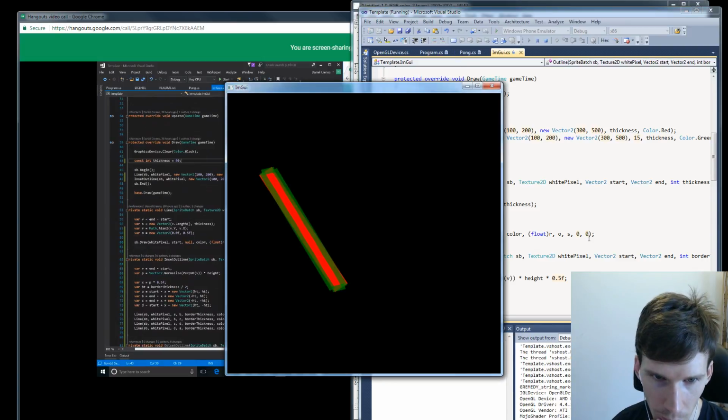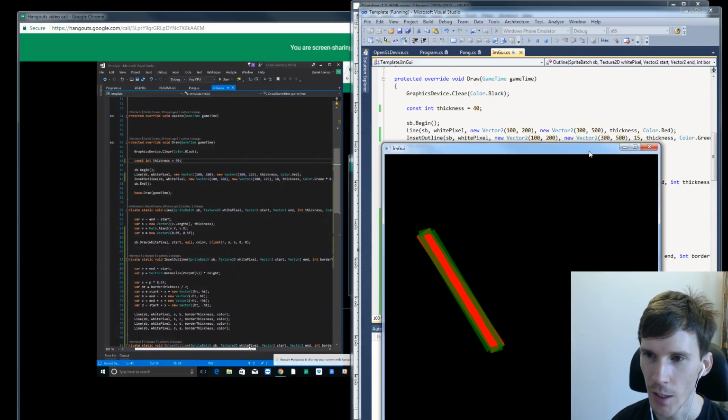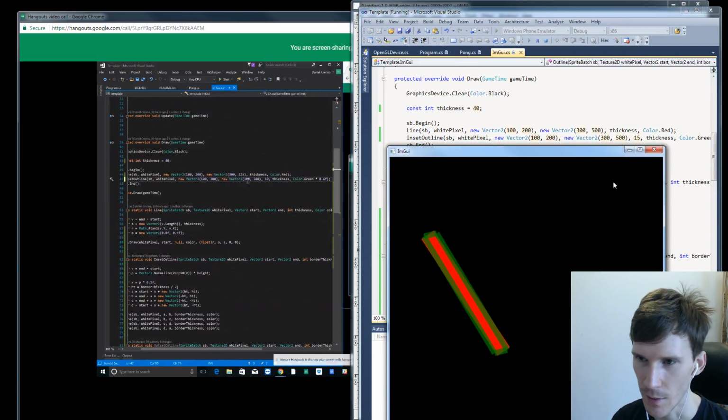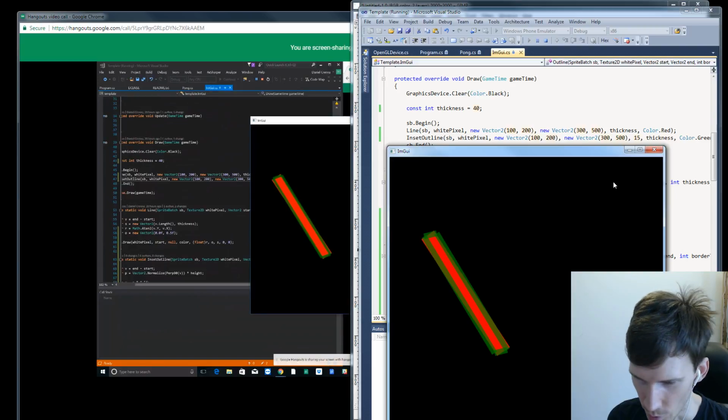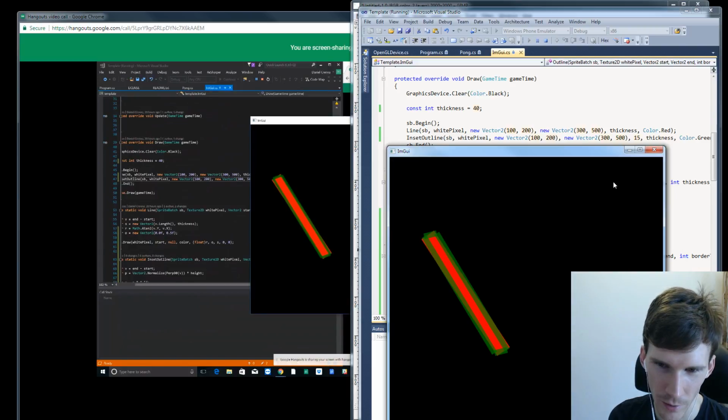So try a line like this, and you'll see that there's obviously an angle problem. It's not quite right, but that's okay.